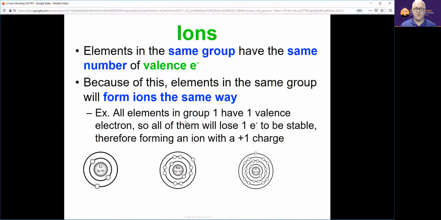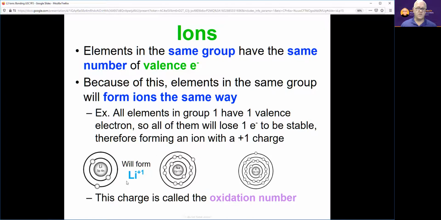And so all the elements in group 1 have one valence electron, so all of them will have one electron to give away to become stable. Therefore, all of the elements in group 1 have a positive 1 charge. And we call that charge the oxidation number. Make sure you highlight that. That charge is the oxidation number.